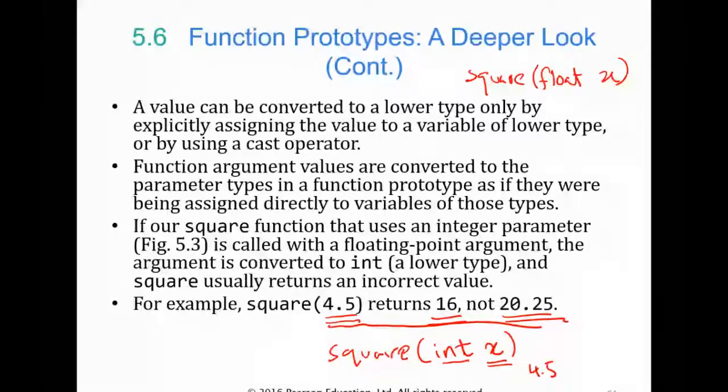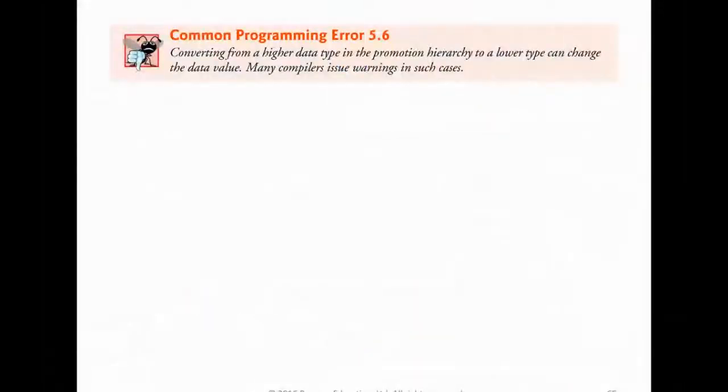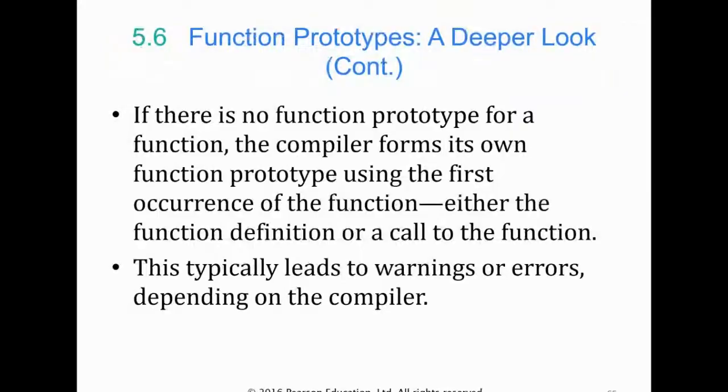Although the slides contain a lot of text, this is generally an easy concept. Converting from a higher data type in the promotion hierarchy to a lower type may cause some warnings at least, but you have to be careful about how things work.